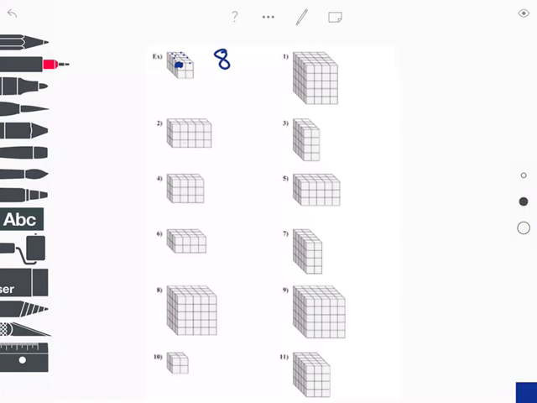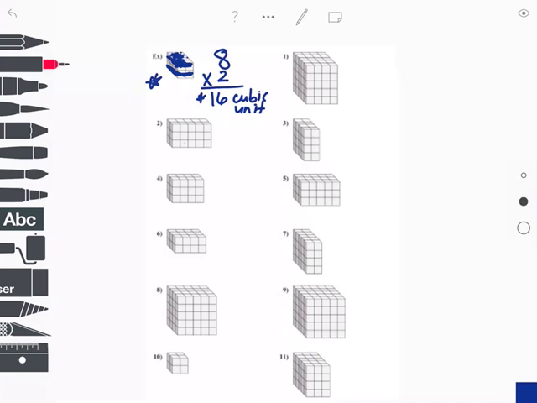And if you notice, here's 1 row. Okay, so this makes up the top. But we also have a second row. And because they're even, we know that there's also going to be 8 on the bottom. So we can just do 8 times 2, which is 16 cubic units. So the volume of this figure was 16 cubic units.